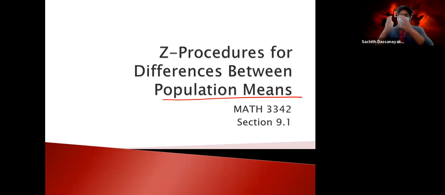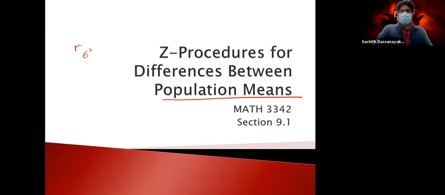Let's say population X has nothing to do with population Y. But in this case, we are not going to consider individual parameters like mu, sigma squared. We are considering the differences between those two. We are not going to consider the mean in population 1 or the mean in population 2. We just consider the difference between those parameters.